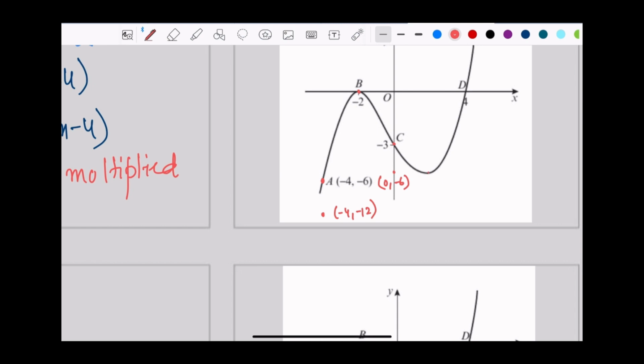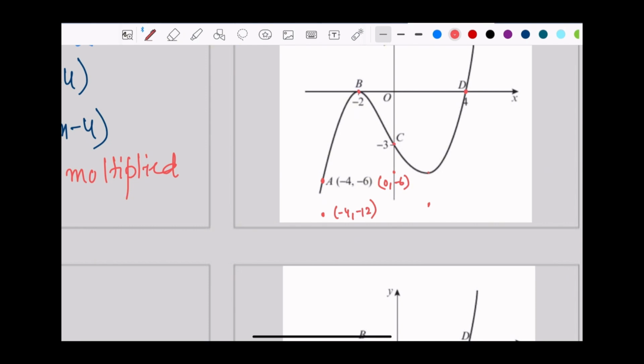This point here will be elongated as well, but it is not marked anywhere, so we'll roughly take it somewhere here. And this point D won't have any impact either because its y coordinate is 0.